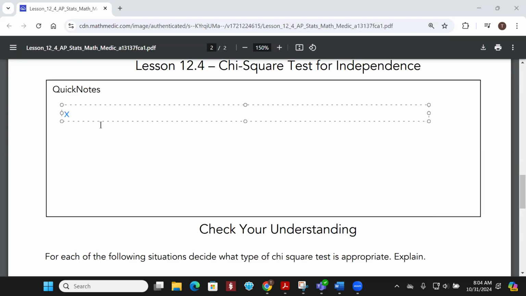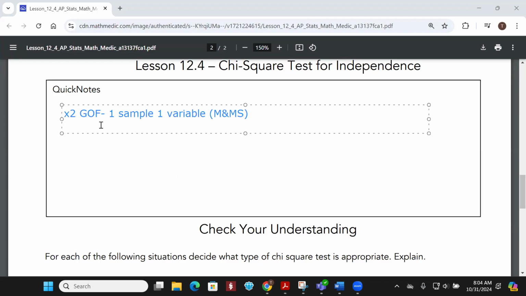All right, we had chi-squared goodness of fit. That's where we had 1 sample, 1 variable. The example of that was the M&Ms. We have chi-squared test for homogeneity. That was the college admissions one, and that was 2 plus samples and 1 variable.